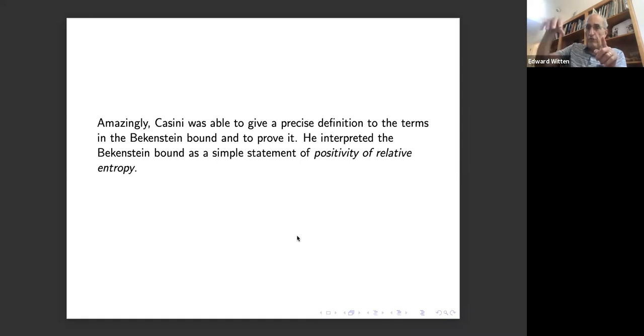But if n is exponentially big, there'll be a log n, and you'll think that the relative entropy is log n minus energy times r. Energy will be the mass of the particle, r is where you put the particle, and the entropy difference seems to be log n. So you get log n minus mass times r. And that formula will be correct if n isn't too big.